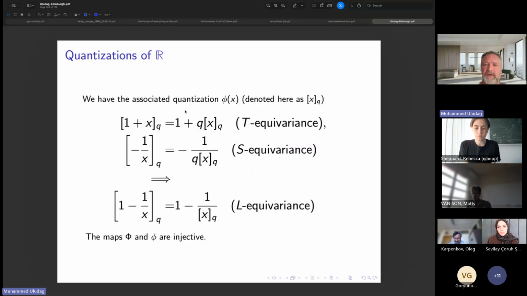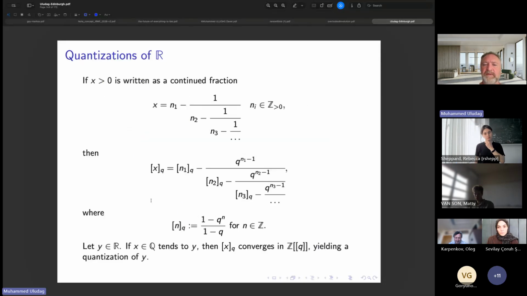And we have the associated quantization, which sends the number 1 plus x to 1 plus q times x, and minus 1 over x quantized equals minus 1 over q times quantized x. And in fact, if x is written as a negative continued fraction like this, then we can explicitly write down the quantization of x in this way.